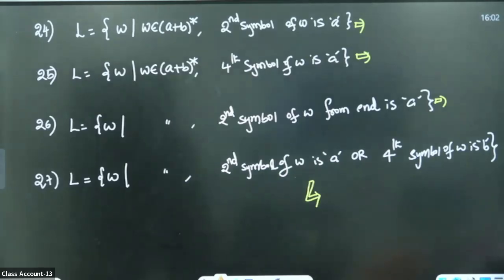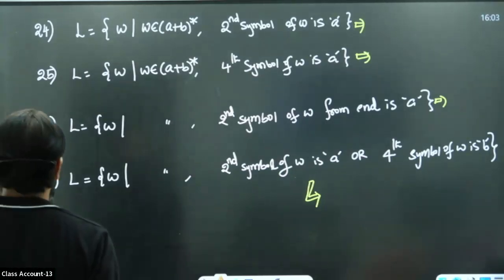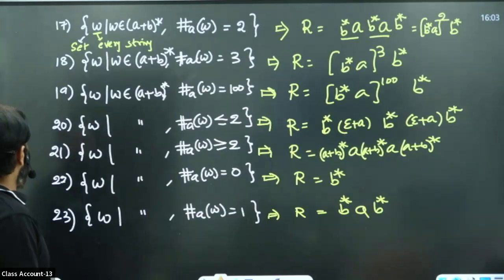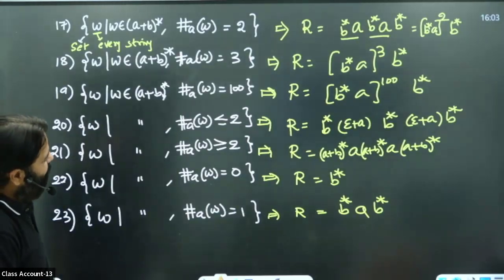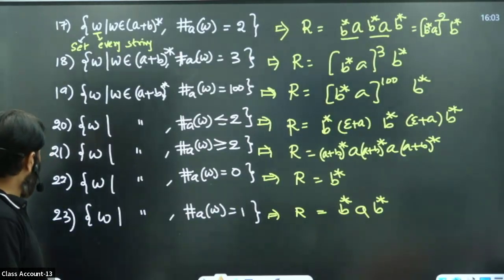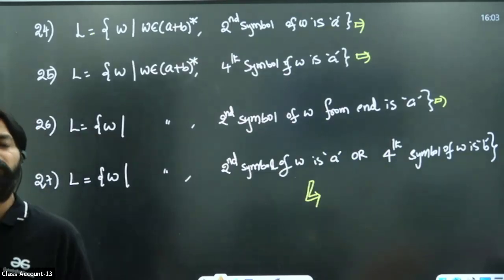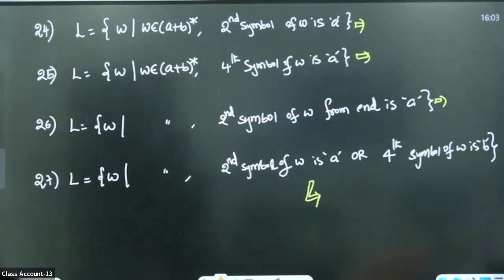What is the 21 problem about? B star, B star A. What were you writing? B star A, B star A, B star. No. Somewhere you should have (A plus B) whole star. Otherwise, how do you cover any number of A's?